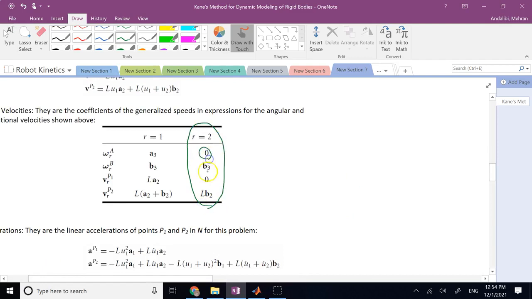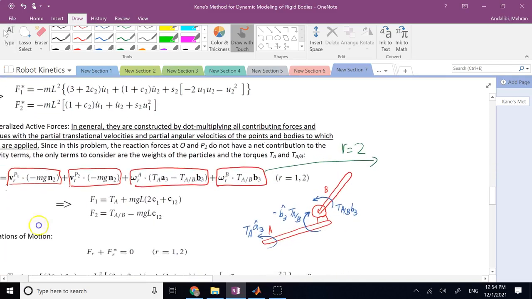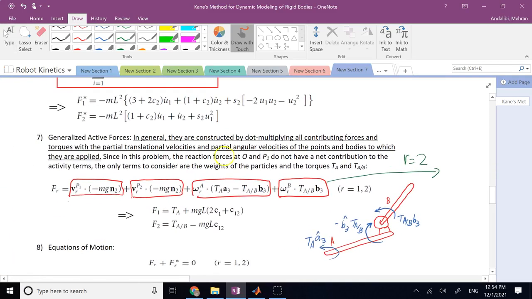So these are the terms I need: 0, B3, 0, LB2. And if I go down here and consider them, this one was 0, and this one is LB2, this one is B3, and this one is 0. So if you expand, it is going to be LB2·mgN2 and then B3·TabB3.